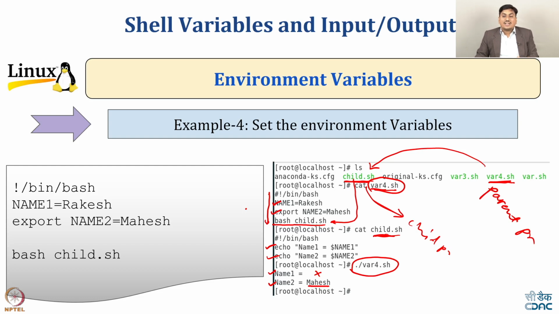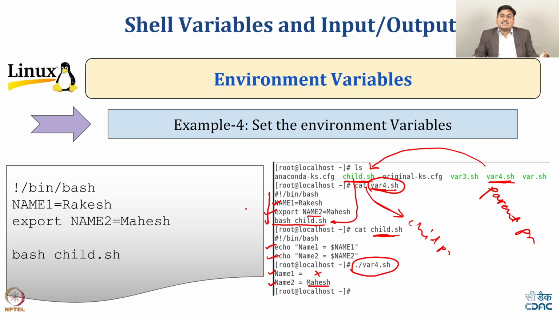So it means that what has happened here is that the variables which have been declared with export are available for the child process. I hope you understood the concepts.